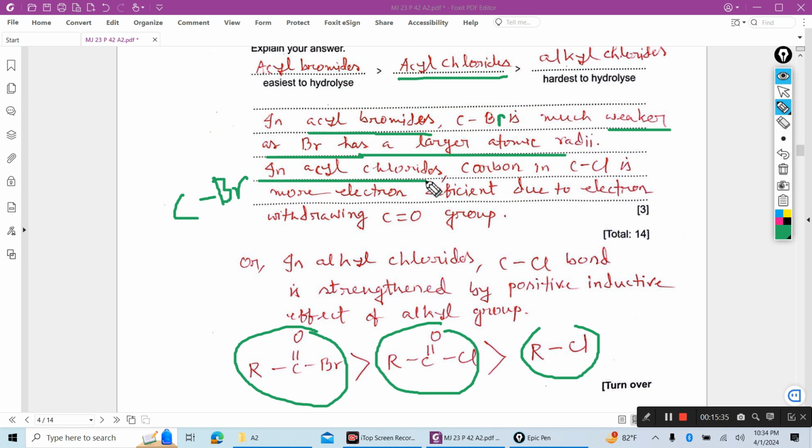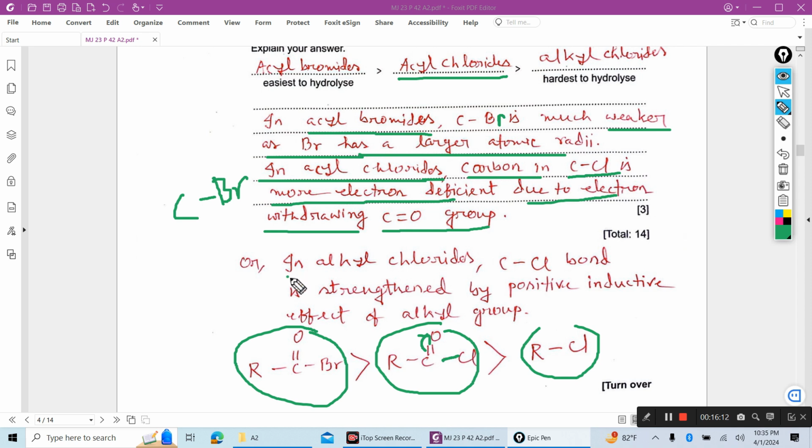In acyl chloride, the carbon in C-Cl is more electron deficient due to the electron withdrawing carbonyl group. As oxygen is taking electrons, the C-Cl bond has become weaker.